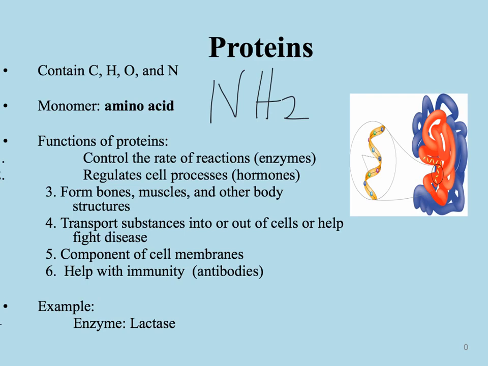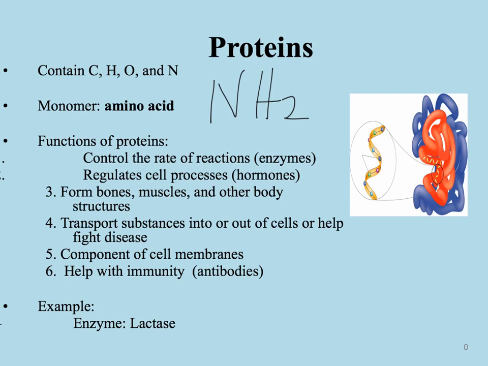I already talked about looking for the presence of the NH2 group, the amine group. The other way that you can identify an enzyme is by the ending ASE. You see it here, ASE. A lot of enzymes are named so that it indicates the substrate that it works on and has that ASE ending.